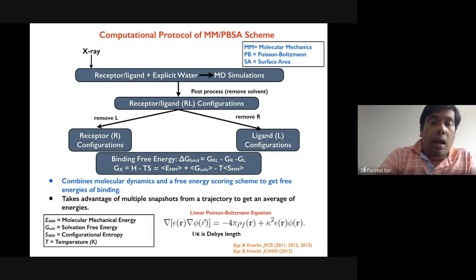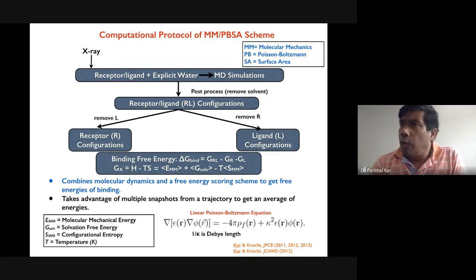Okay, that's the advantage. And remember one thing here. First, when we perform molecular dynamics simulations, we consider explicit water molecules. That means the water molecules are also treated at the atomistic level. Water has 3 atoms, and we are assigning charge to each atom and the bond lengths, everything.